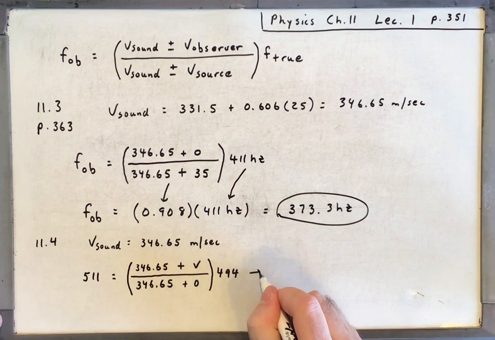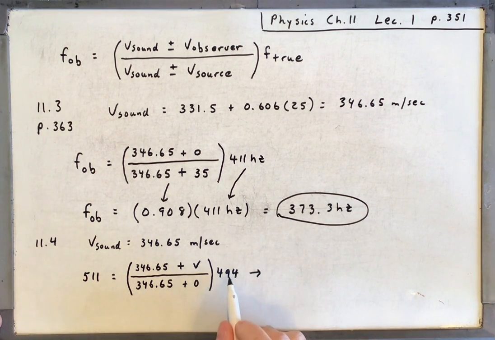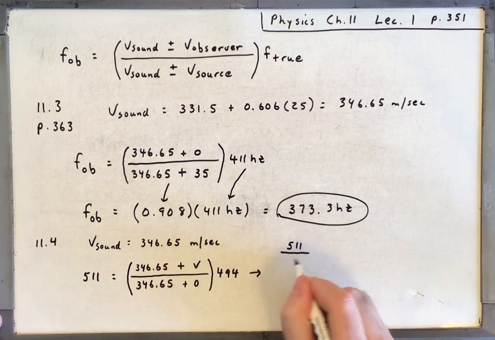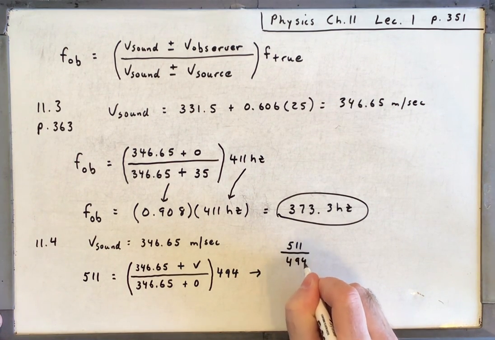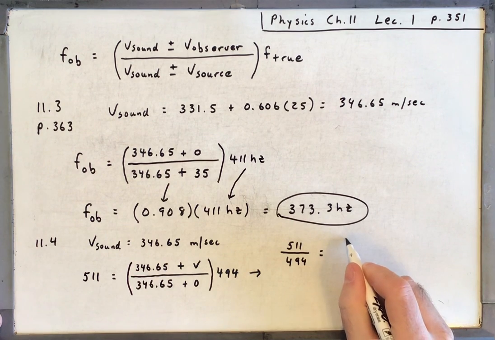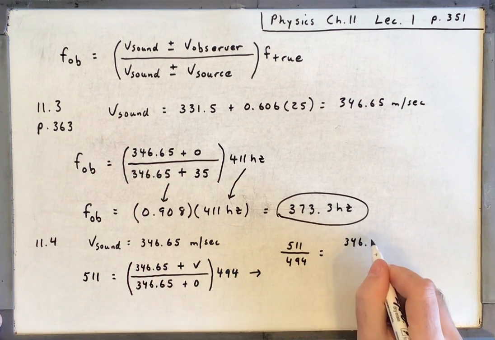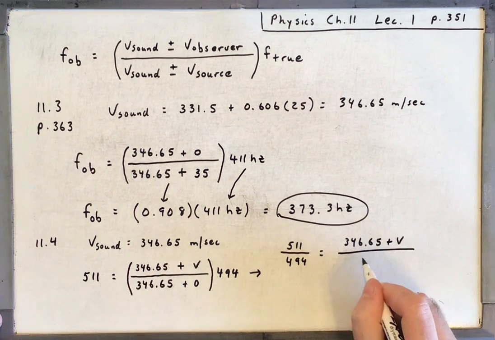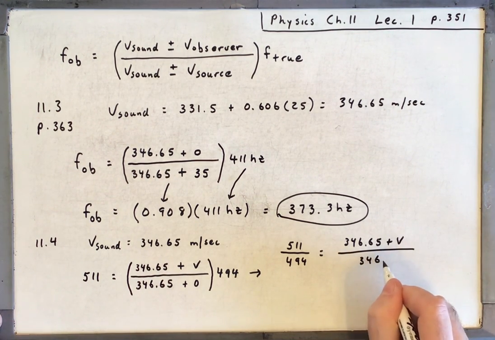Okay, so the way that I would do this algebraically is I bring that 494 underneath the 511. So we have 511 over 494 is equal to 346.65 plus V over 346.65.